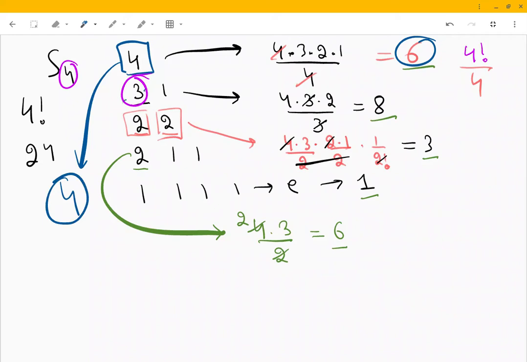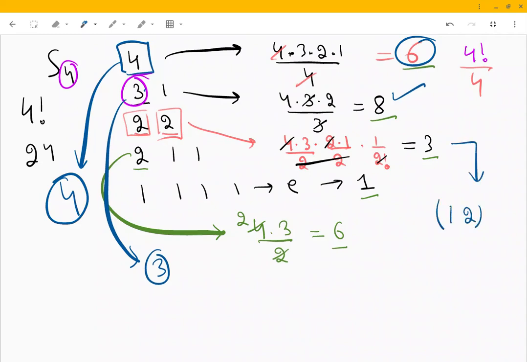This is a 3 cycle and a 1 cycle. 1 cycle is basically nothing. We don't write it. So it's a 3 cycle, order 3. How many elements of order 3? 8.